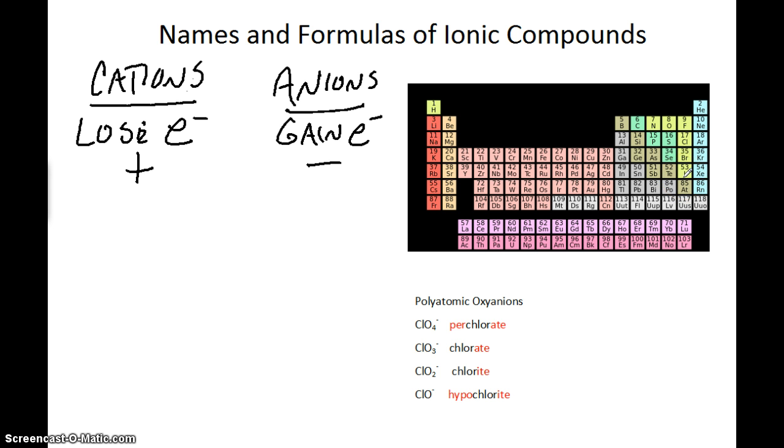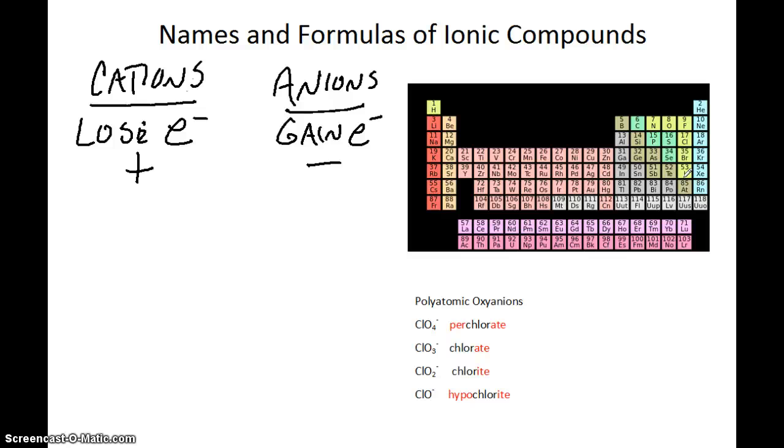In an effort to fill the second, third, or fourth energy level, the outer portion of that level, the s and p shells, they tend to need 1 electron more, or 2 if they're the oxygen family, the chalcogens. So the halogens take on a -1 charge. The chalcogens, or the oxygen family, tend to take on a -2 charge. So this whole process of gaining and losing electrons is an effort to become stable, an effort to get a full outer shell.